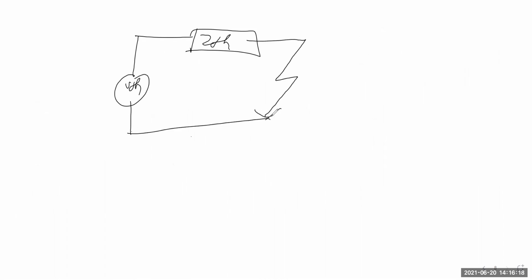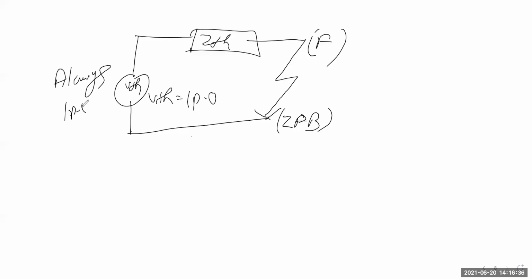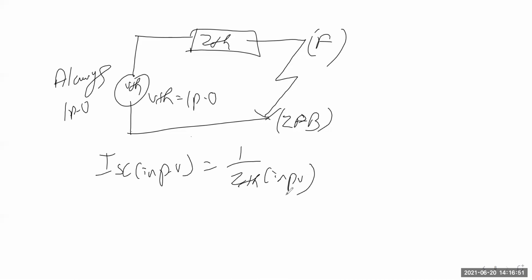Now it will be your VTH, it will be your ZTH, and this will be your fault point. Where VTH equals 1 per unit, always 1 per unit, and this is ZTH. Now ISC in per unit would be 1 by ZTH in per unit.